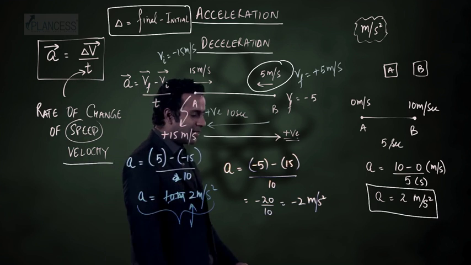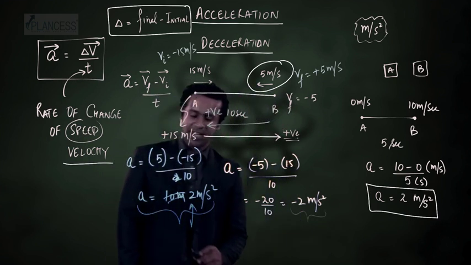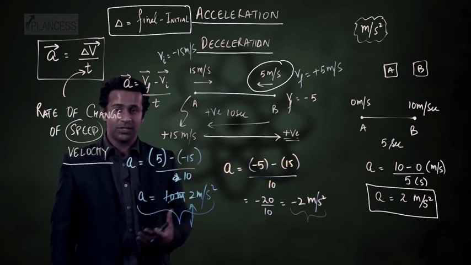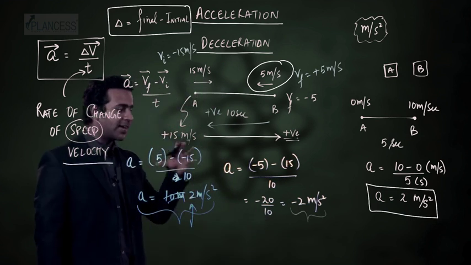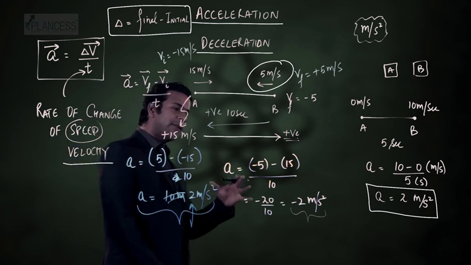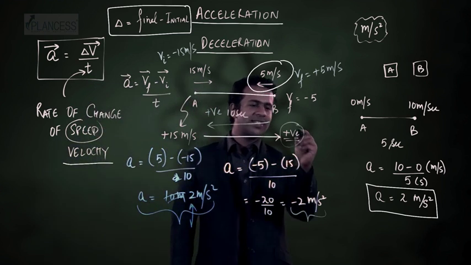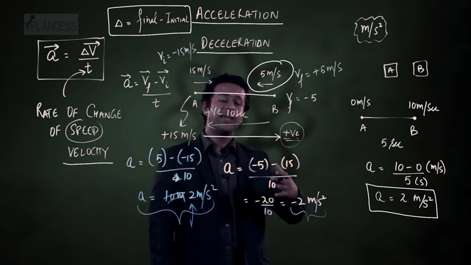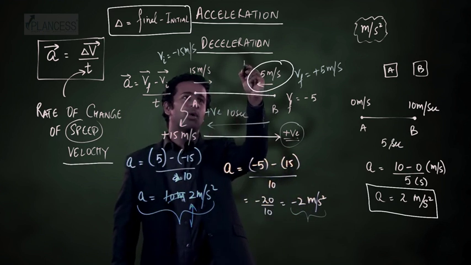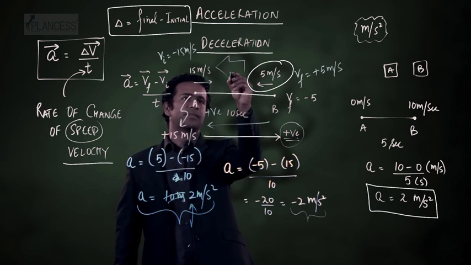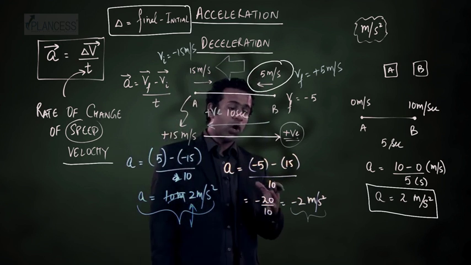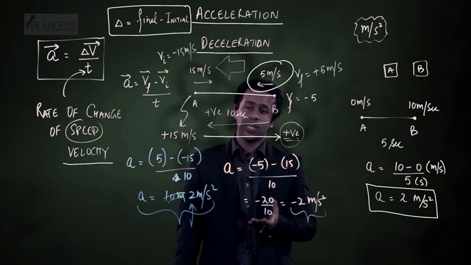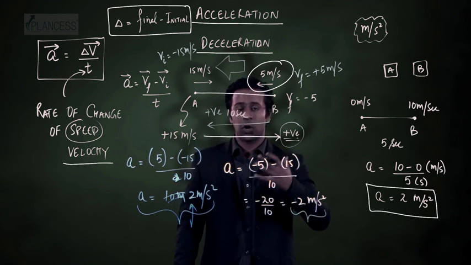So here we see that our answer has changed, but we had discussed that sign convention should not matter. So let's understand why. In the first case, we had taken this direction as positive. We got our answer as negative, which means that acceleration was in this direction, because since it is negative, it must point in the direction opposite to the one we have taken as positive.